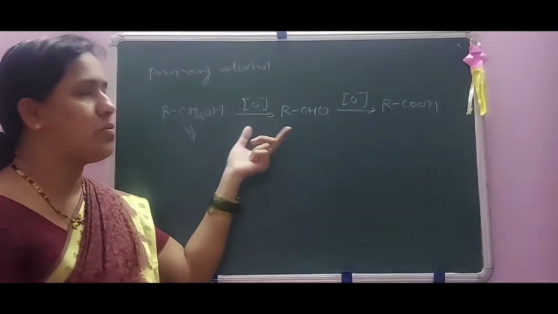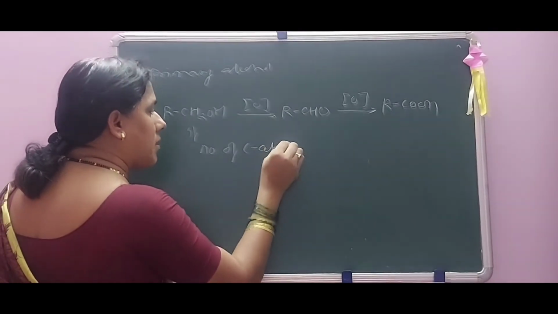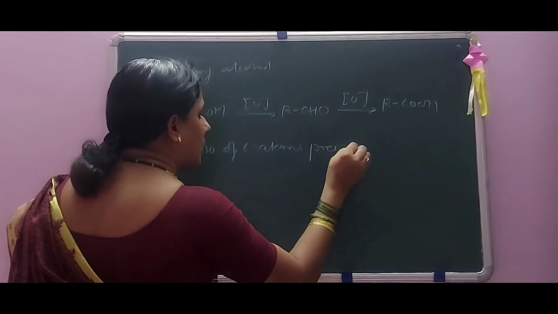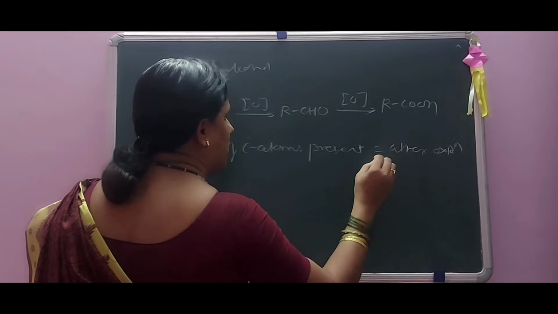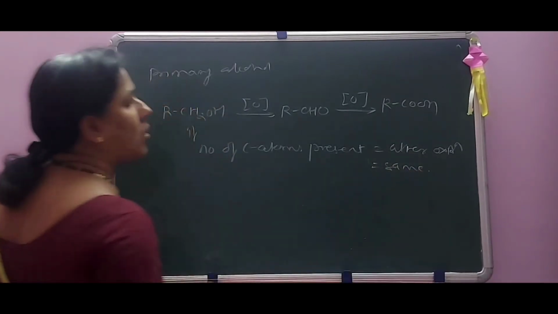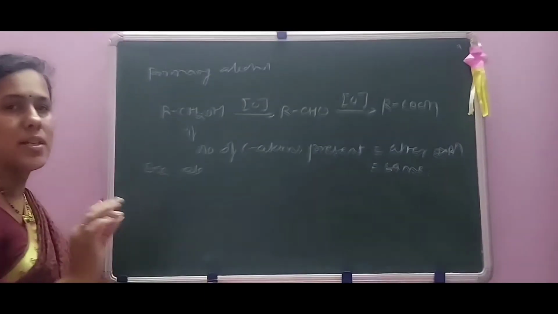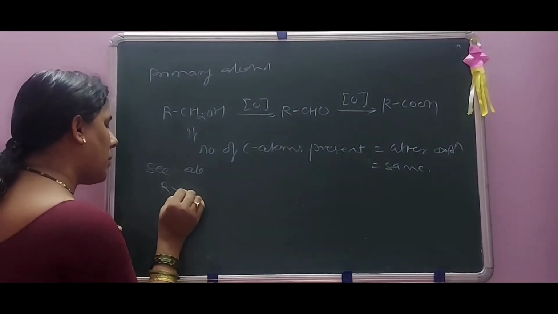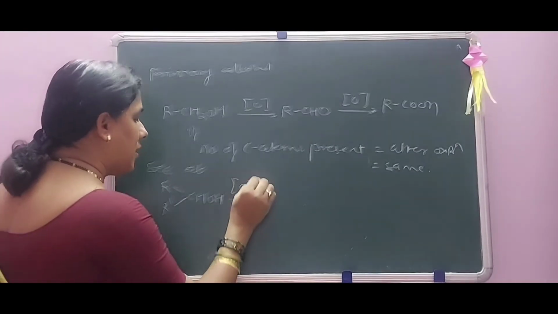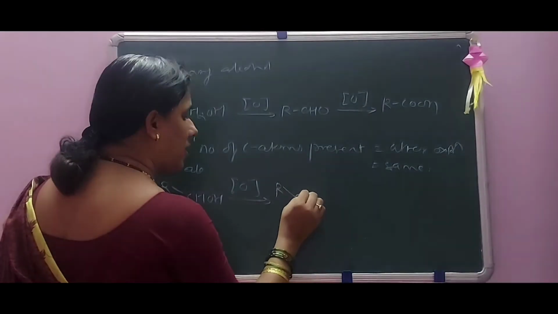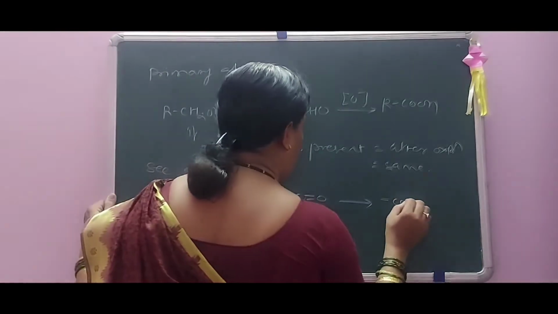Here we see that whatever the number of carbon atoms present is equal to the number after oxidation. Now for the case of a secondary alcohol, this does not happen, because it has the formula R-CHOH. Here it is oxidized to R C double bond O, and the formation of a COOH group.